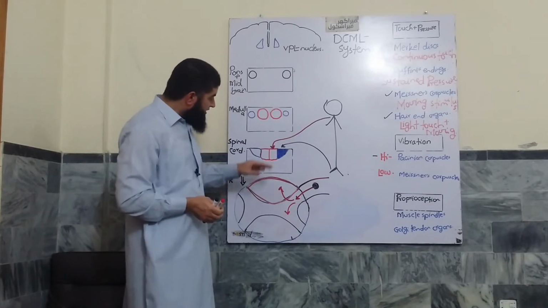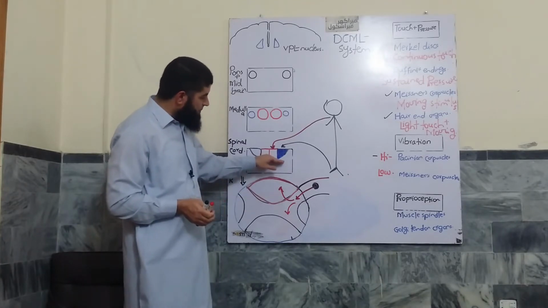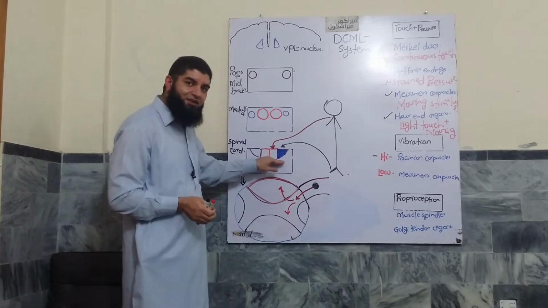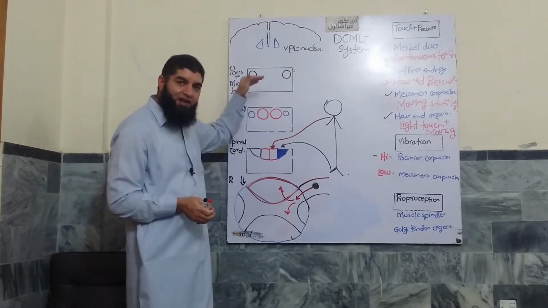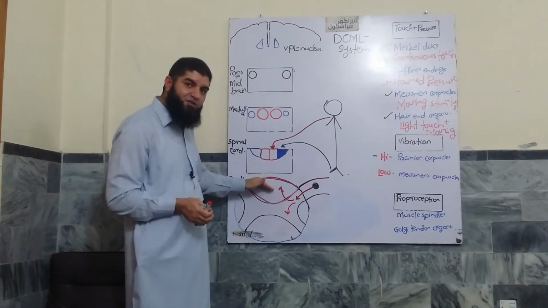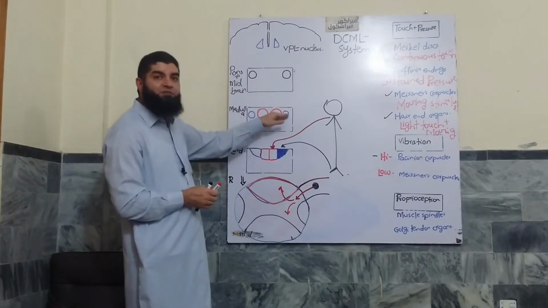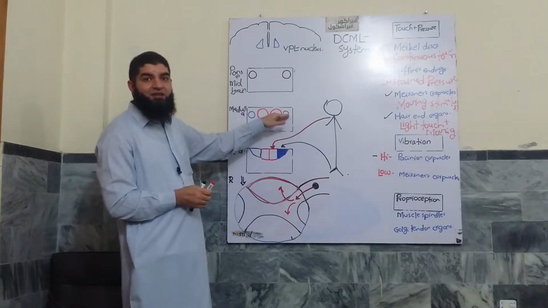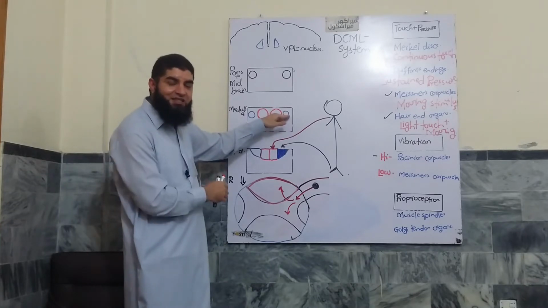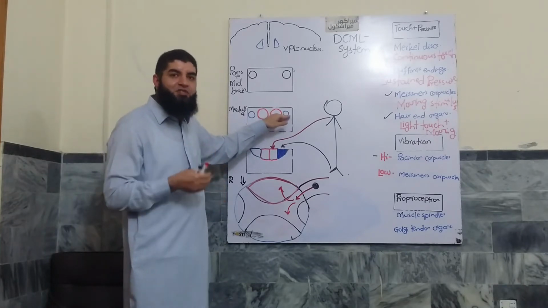From here these fibers ascend all the way up in the posterior columns, in the dorsal columns of the spinal cord, till they reach the medulla oblongata. Up to this level they ascend on the same side of the spinal cord.